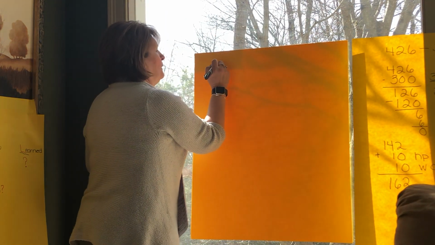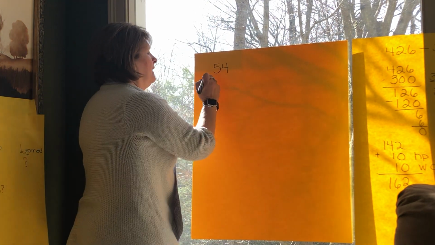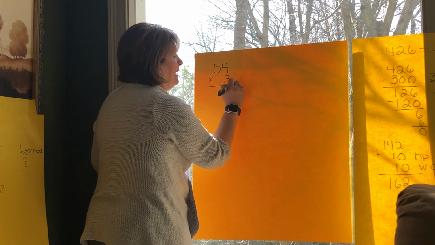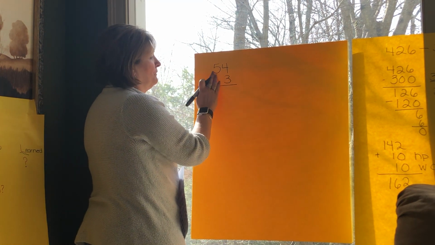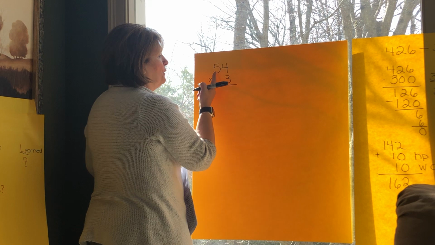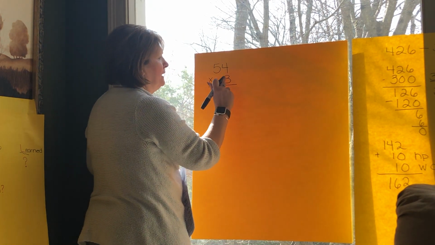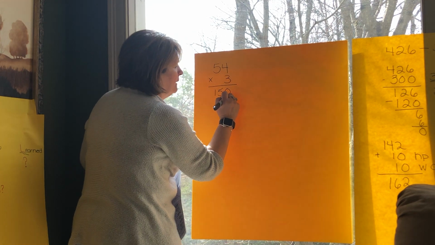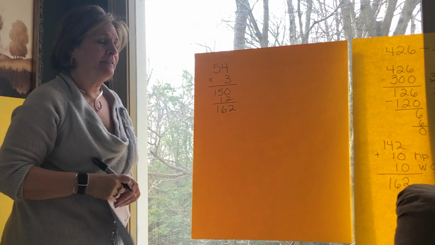If she starts with 54 Kevish dollars and she gives it to Kevin, he's going to multiply that by 3. And you guys do this multiplication different ways. Let's say we did 3 times 50, that's 150. 3 times 4 is 12. We get $162.